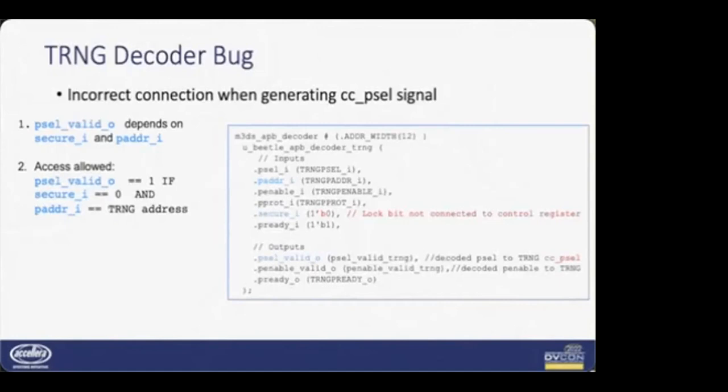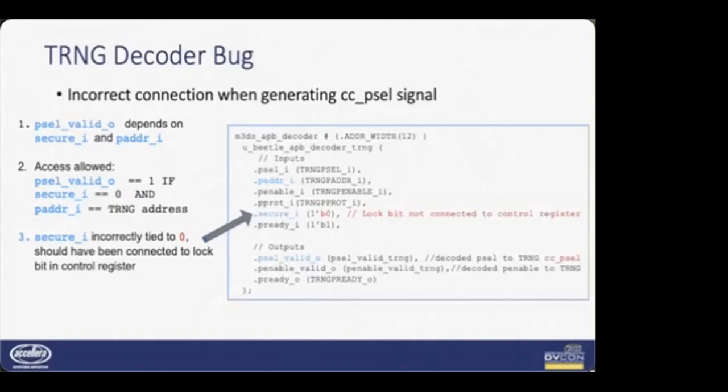Now, if we examine the RTL code, we find that pcell valid 0 is a 1 if secure I was a 0, which means it was not locked, and that the P address was the address of the TRNG. So what's happened here is that the secure I has been incorrectly tied to 0 and should have been connected to the lock bit in a control register.